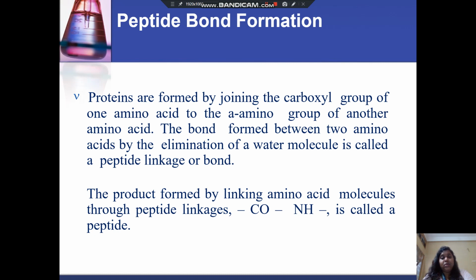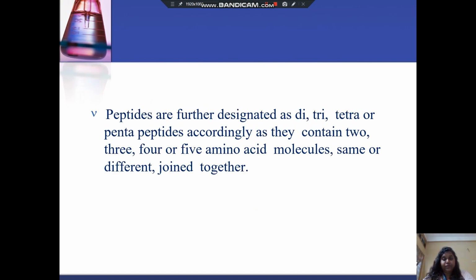The product formed by linking amino acid molecules through peptide linkages, that is CONH, is called a peptide. Peptides are further designated as di, tri, tetra or pentapeptides accordingly as they contain 2, 3, 4 or 5 amino acid molecules, same or different, joined together.